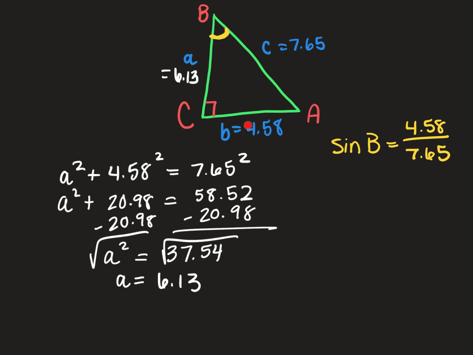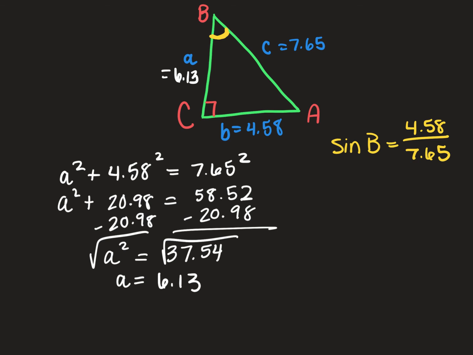Looking at that, this side in relation to angle B is the opposite. This one is always the hypotenuse. So the trig function that relates opposite and hypotenuse is sine. Wait, so it has SOH, so that's sine, opposite, hypotenuse? Yes. Oh, okay, that makes sense. They all come together.